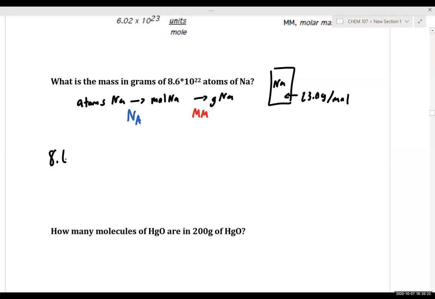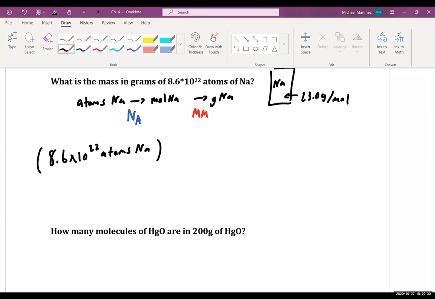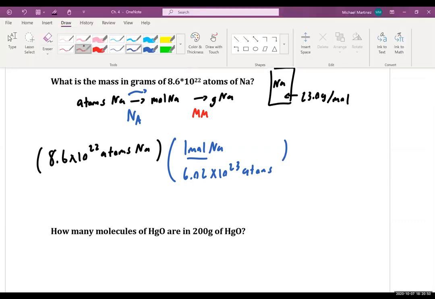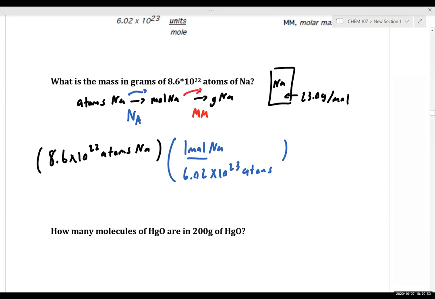So if we have 8.6 times 10 to the 22nd atoms of sodium, to go from atoms to moles, we're going to want units of moles on top. And we know in 1 mole of sodium atoms, we have 6.02 times 10 to the 23rd atoms. Additionally, now that we've completed the first step, to go from moles to grams, we'll use our molar mass, which is 23.0 grams per mole of sodium.